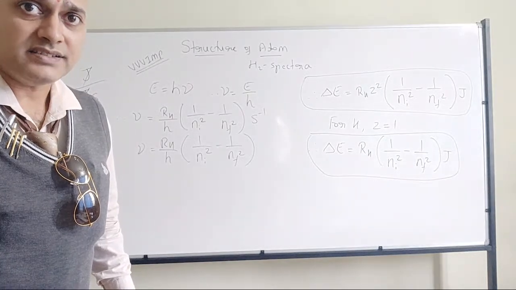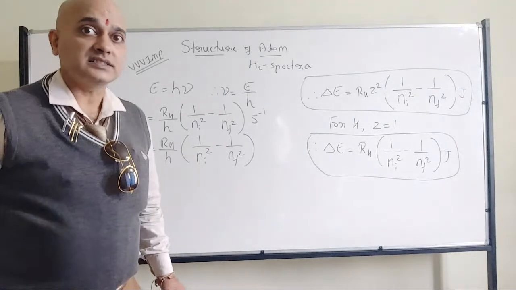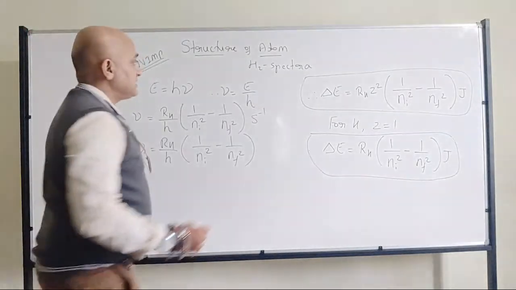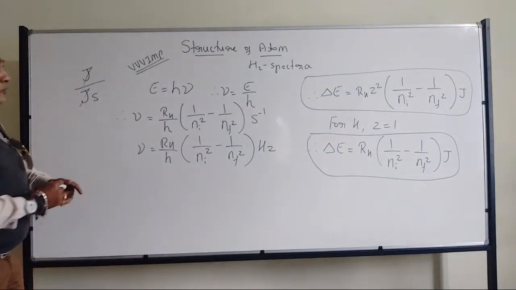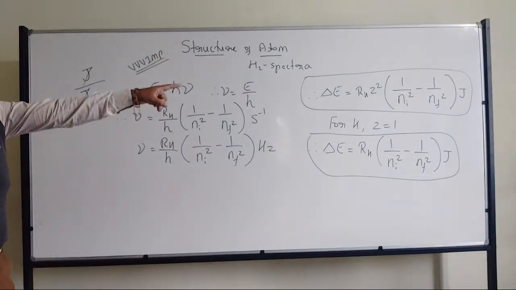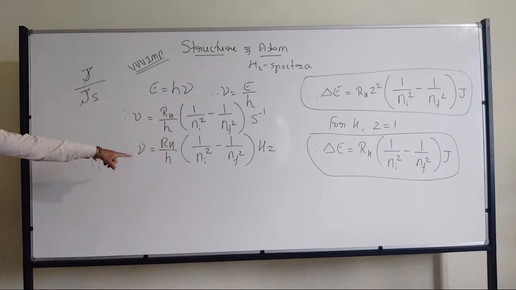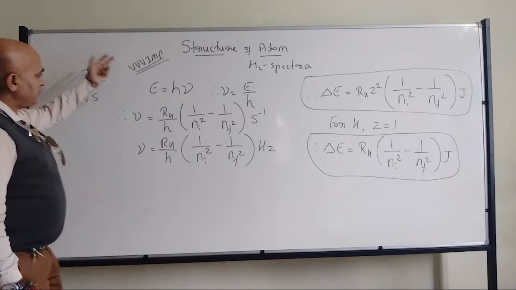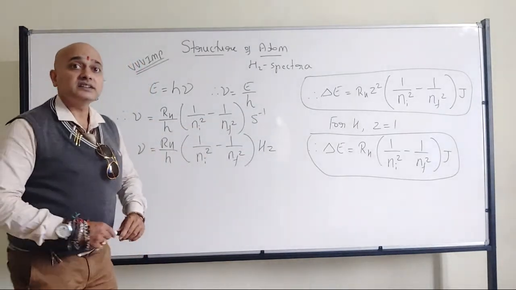Yes, it is hertz, as Likita has written. So observe the units carefully. There it is joule because of the Rydberg's constant. Since there is Planck's constant, joule divided by joule second, joule will get cancelled. Since it is in the denominator, it will become per second, which can be written as hertz.